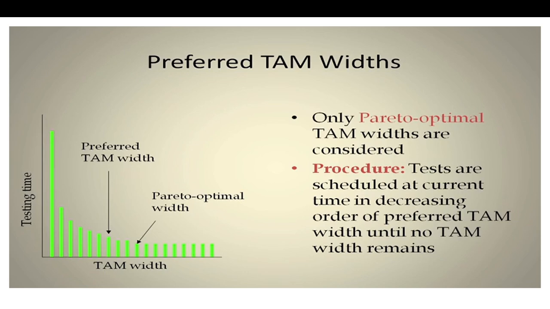So we can see that these are the preferred TAM widths and optimal. So we have a trade-off between the testing time and the TAM width. If here you can see, we are increasing the TAM width, but the testing time is not decreasing. So tests are scheduled at current time in decreasing order of preferred TAM width until no TAM width remains.